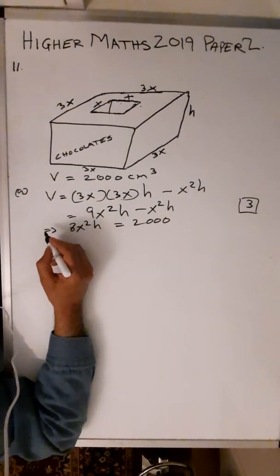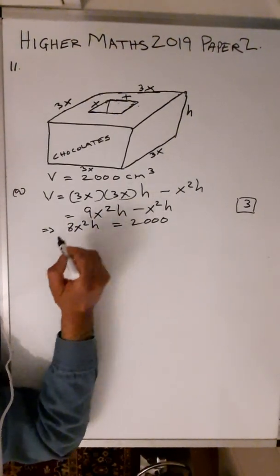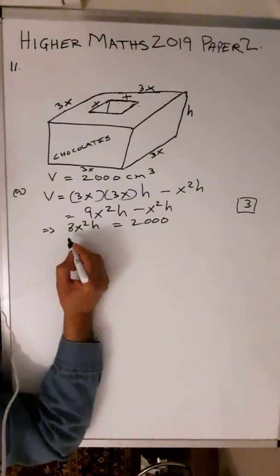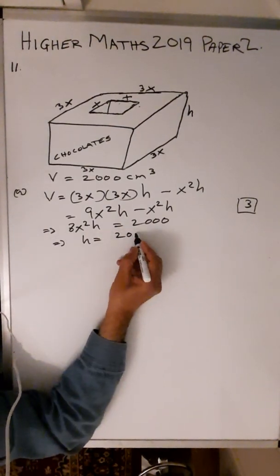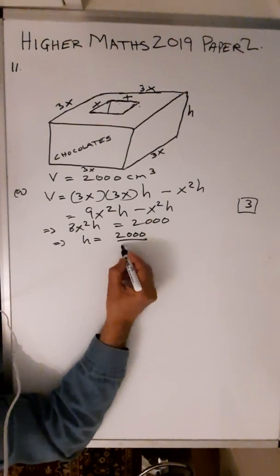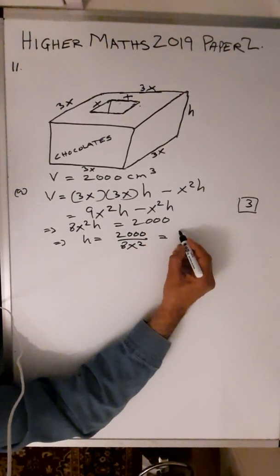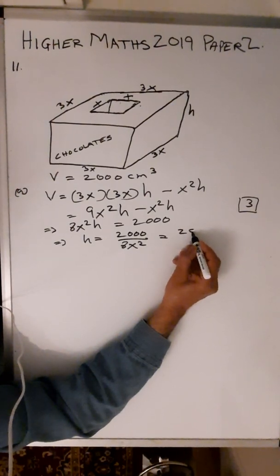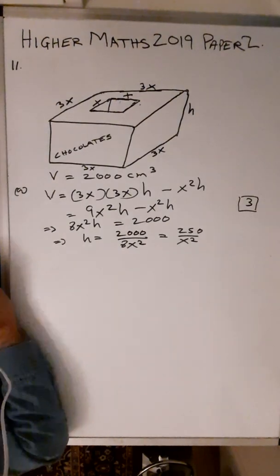There is no h in there, so you need to have h in terms of x. That's why you're using the volume here to put h in terms of x. So this means that h is equal to 2000 over 8x squared, which is 250 over x squared. So that's h.